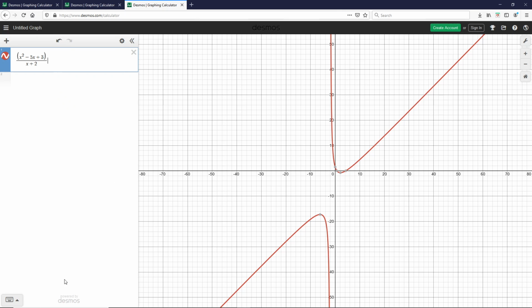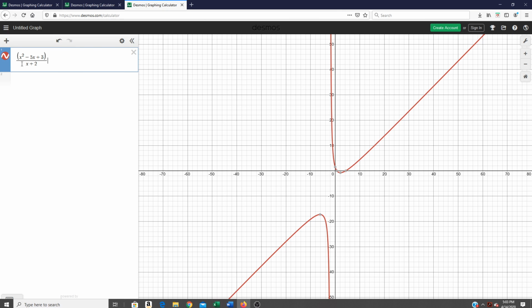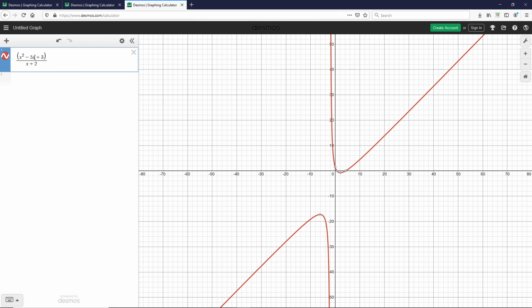So this is the graph of the rational function y equals x squared minus 5x plus 3 over x plus 2. Now, just another example of drawing a vertical line before we do the other line. Let's say we want to draw the line x equals negative 2. That's the one that just showed up in green.